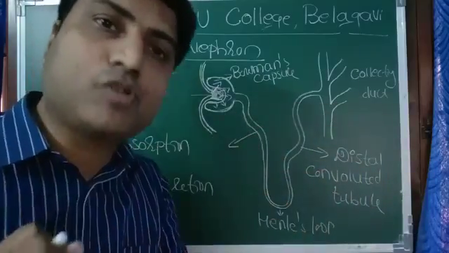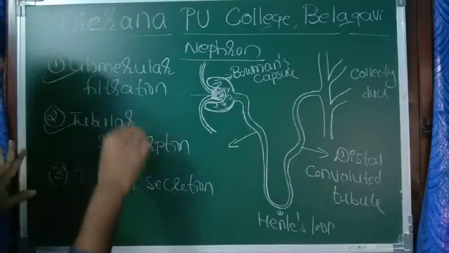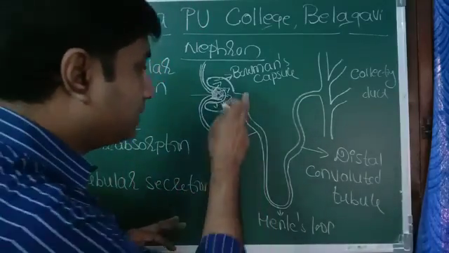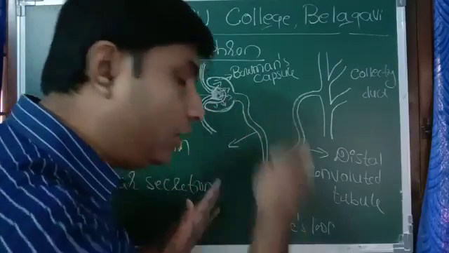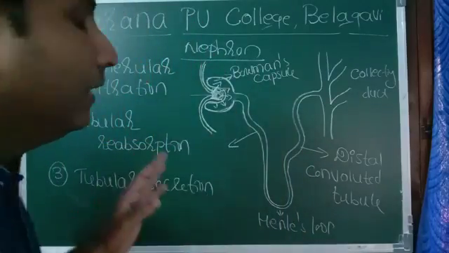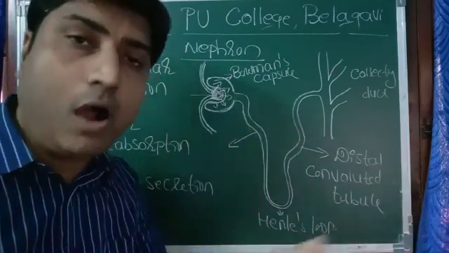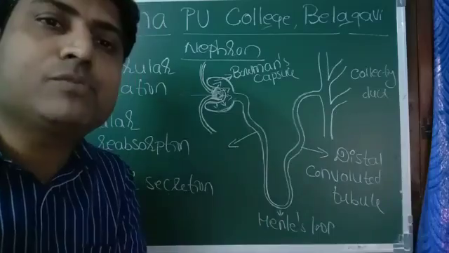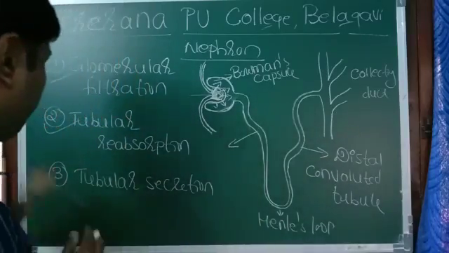That job is done in the second step, tubular reabsorption, especially in the PCT, proximal convoluted tubule, and in the loop, where much of the essential things which should not go out of our body is reabsorbed. That's why it is called tubular reabsorption.